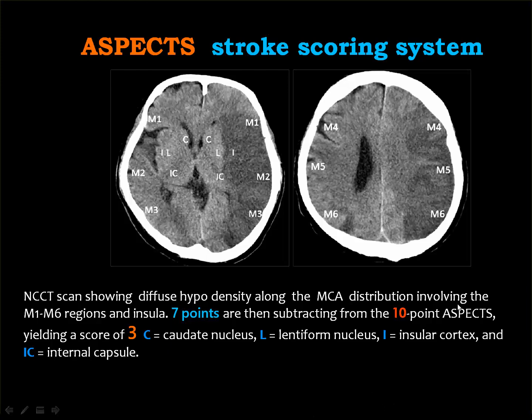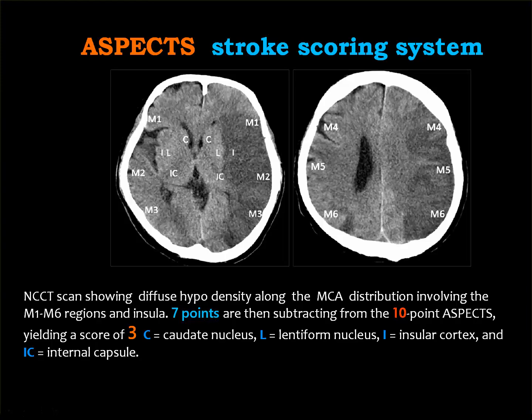Then if you look here, and you get 3 areas here, another 3 areas here, and the insula is affected, then the score is 3. And these are the 3 which are spared: the head of the caudate nucleus, the lentiform, and the internal capsule.